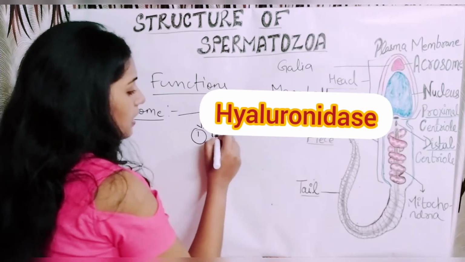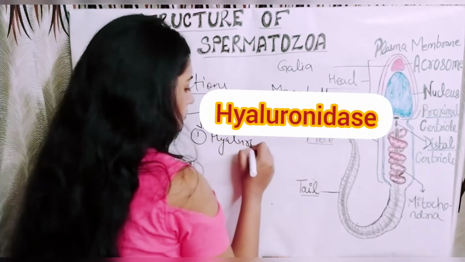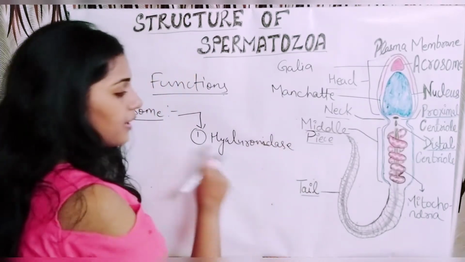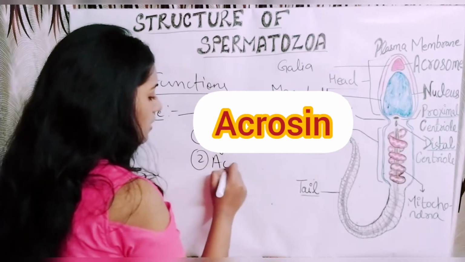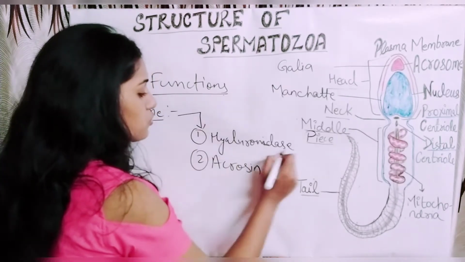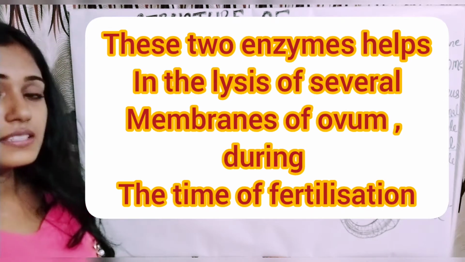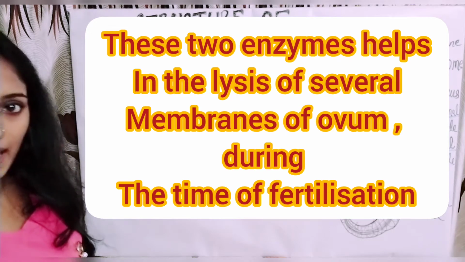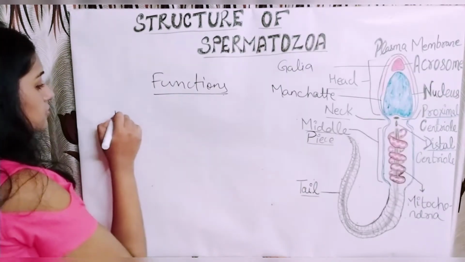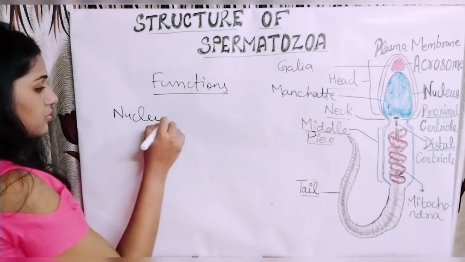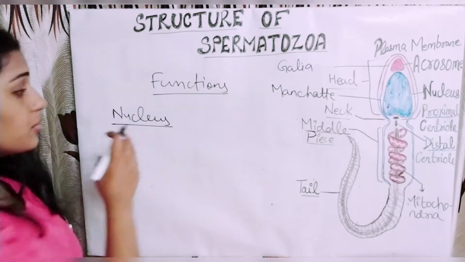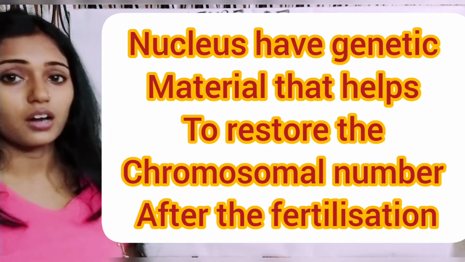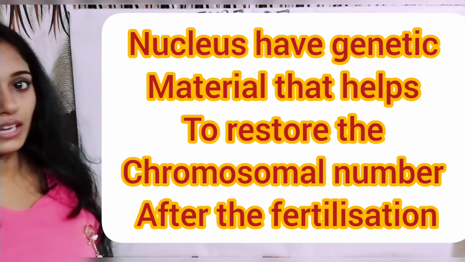The first is hyaluronidase, and the second is acrosin. These two enzymes help in the lysis of the outer membranes of the ovum during fertilization. Nucleus: the nucleus has genetic material that helps to restore the chromosomal number after fertilization.